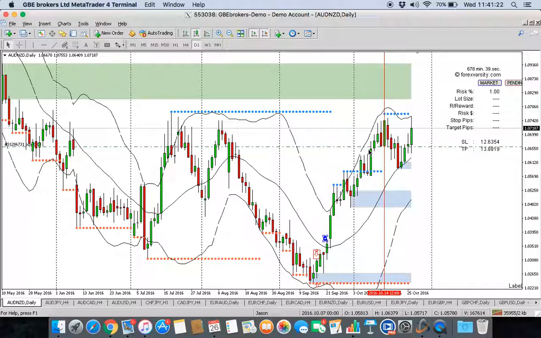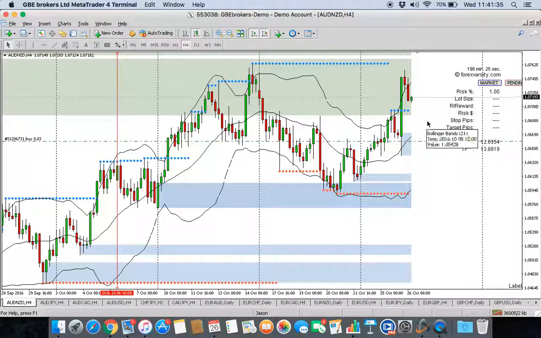So you would have seen, okay, price is in a strong uptrend. Okay, but look at all of this resistance here. You wouldn't have entered the trade based off of that resistance, but I don't want to go too deep into that, obviously.